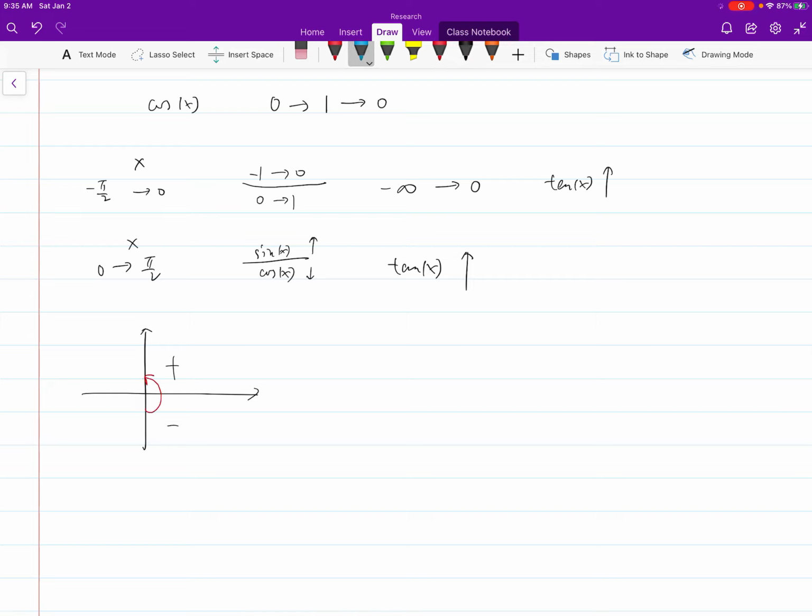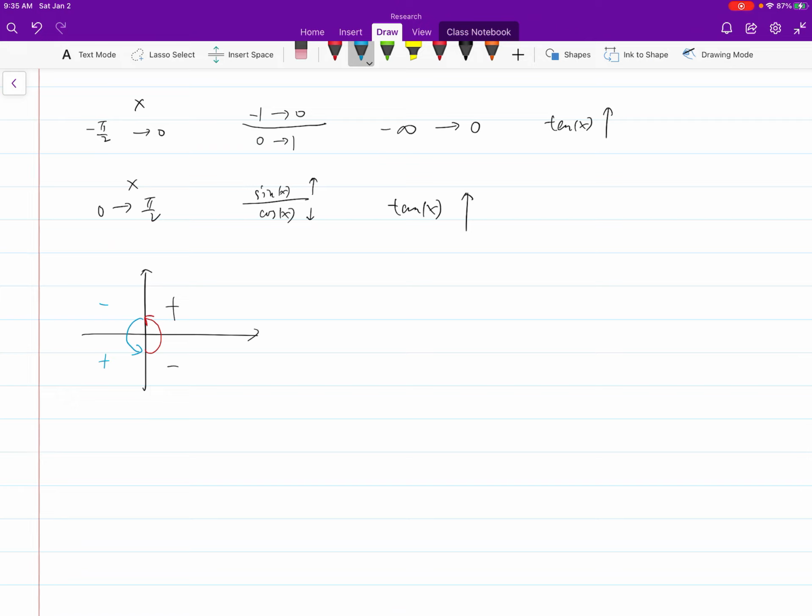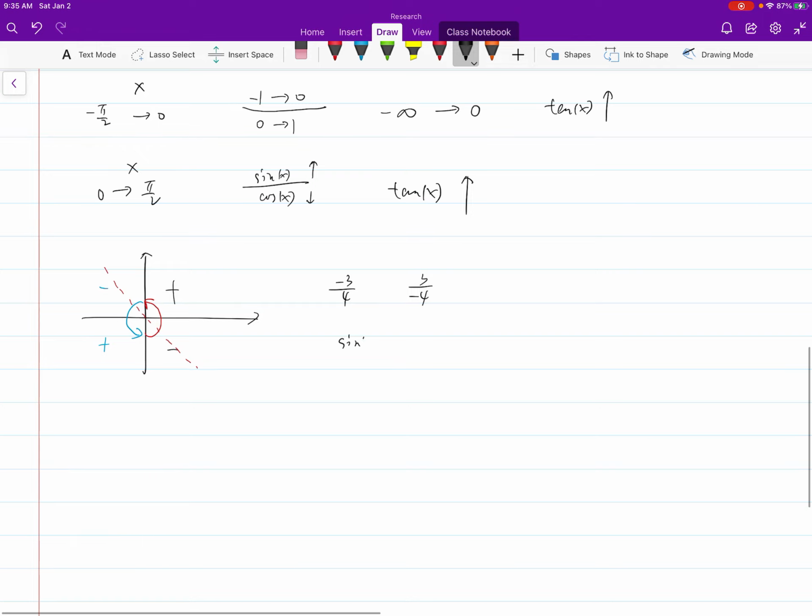Now, if you compare these 2 parts, going from negative to positive, you have one cycle. Going from here to here, you have another cycle. And you can verify by yourself. The process is exactly the same because every single thing has a corresponding image or partner in the second part. It's the same idea as negative 3 over 4 and 3 over negative 4.